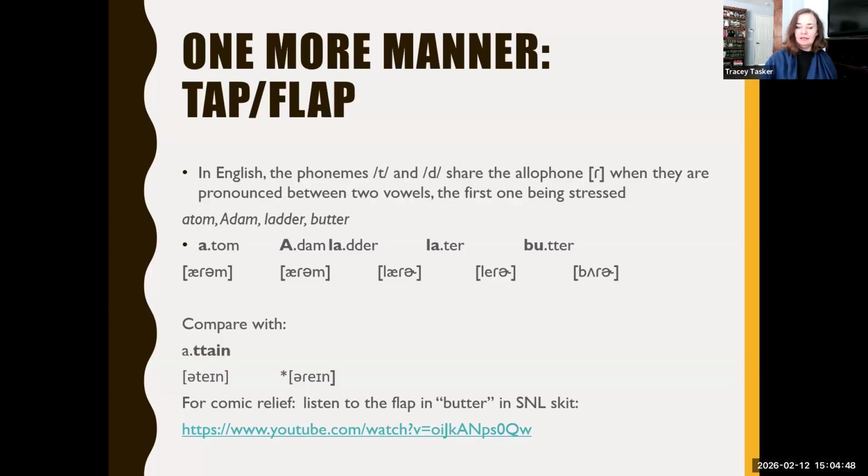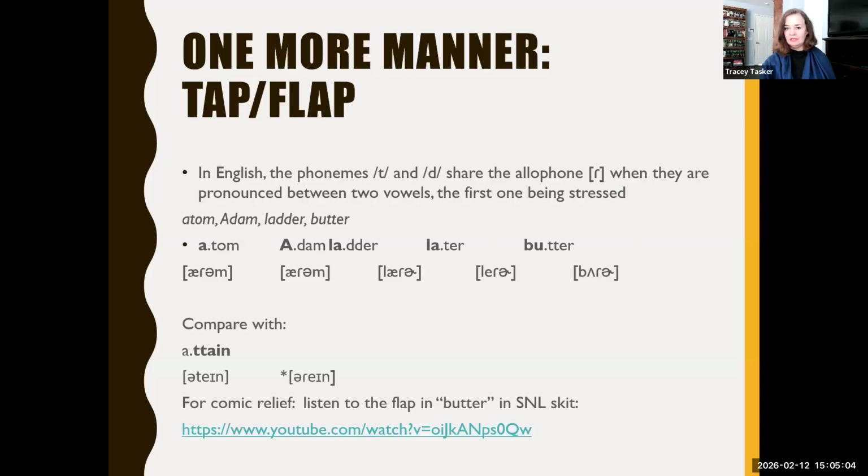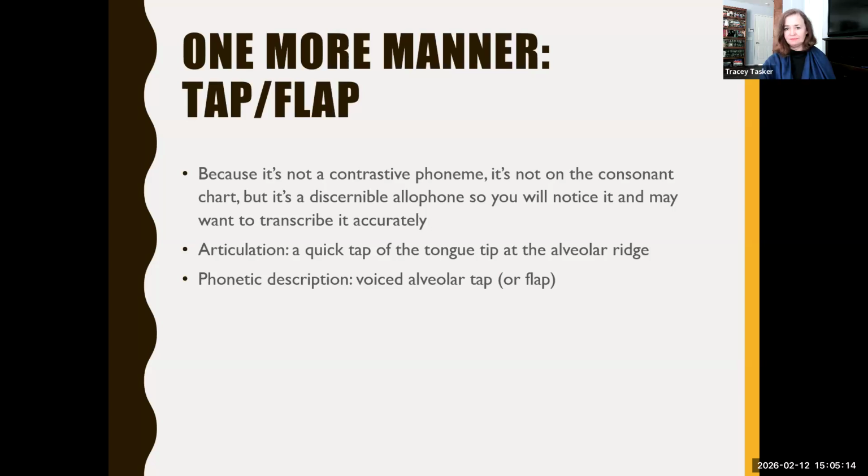So I think that's it for our flap. Oh, just, you will see it's in the IPA chart, listed along with the other alveolar sounds, because as you can see, it's like an allophone of t and d in that medial position of words, okay? All right.